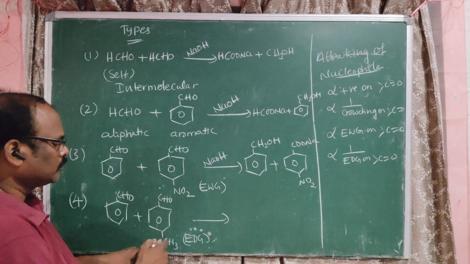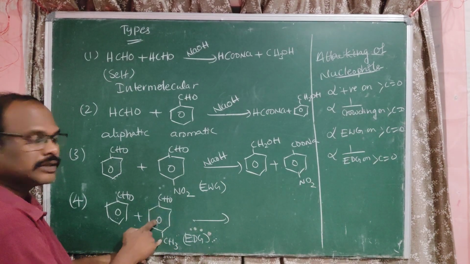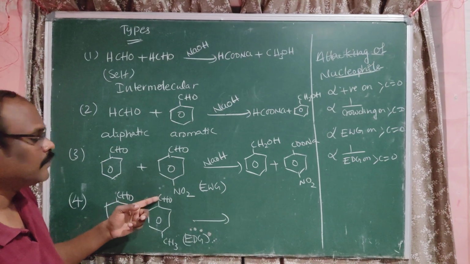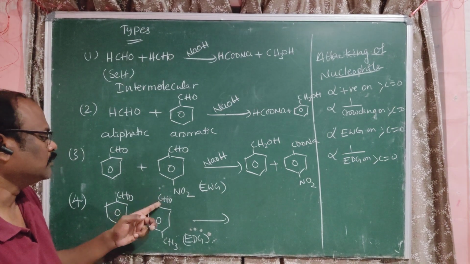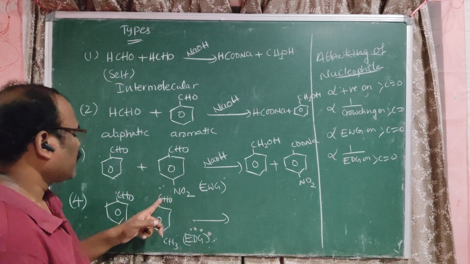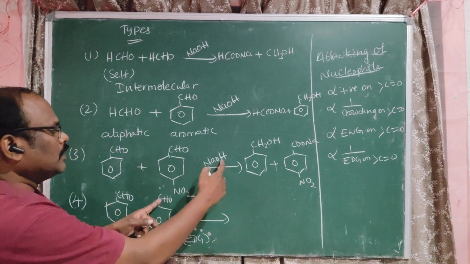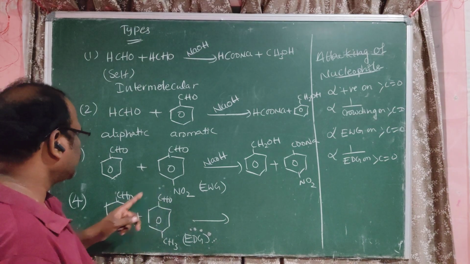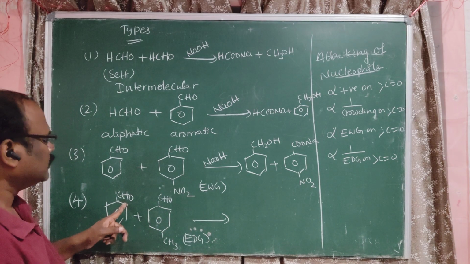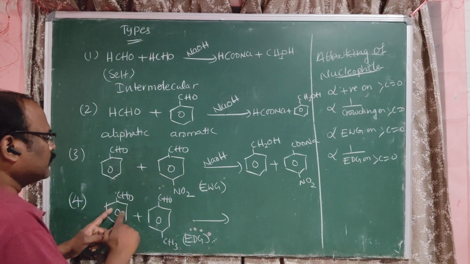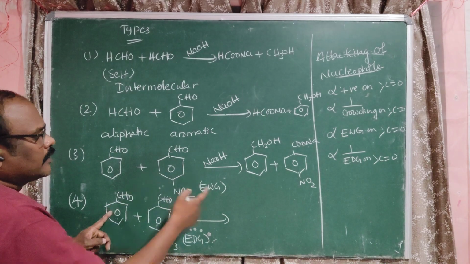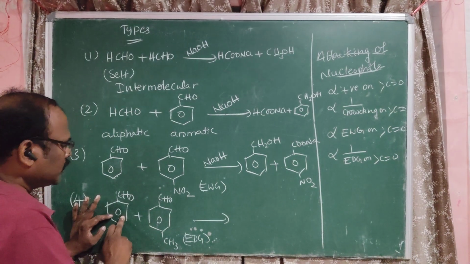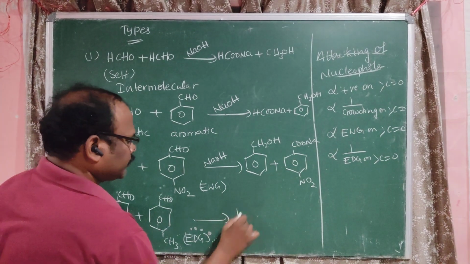This methyl group donates electrons to the benzene ring, electron density increases, and the electrophilic nature decreases on this carbon. So nucleophilic attack on this carbon becomes difficult, whereas benzaldehyde is comparatively better for attack of the nucleophile. So this can be oxidized, and this will be reduced.